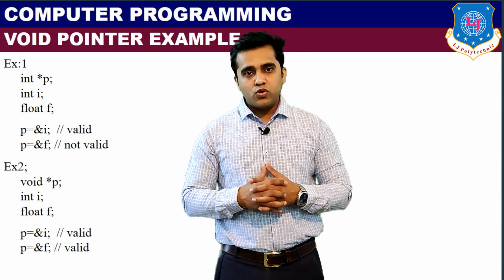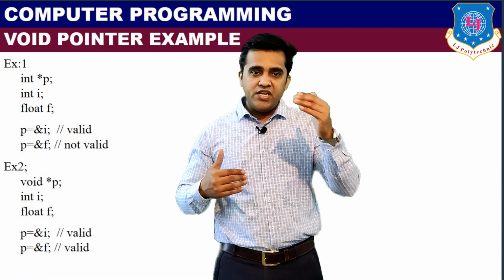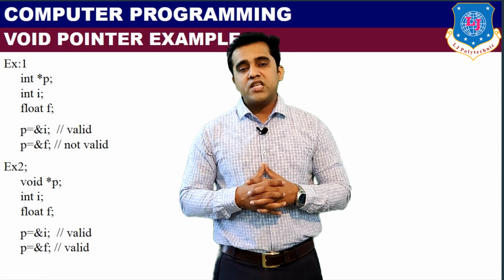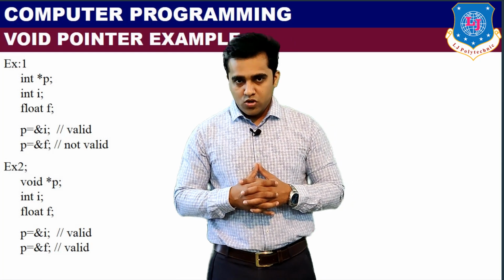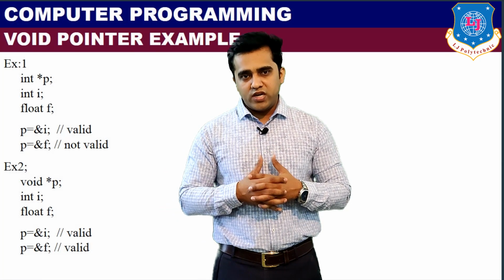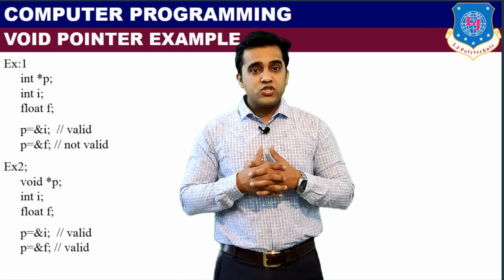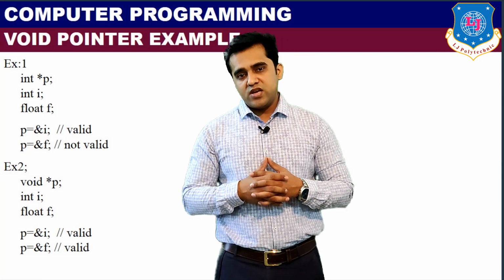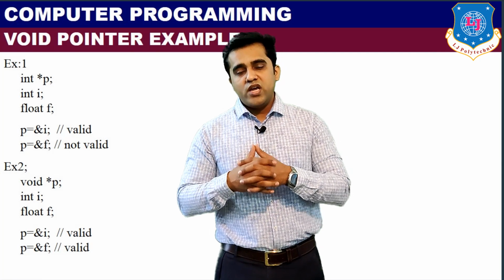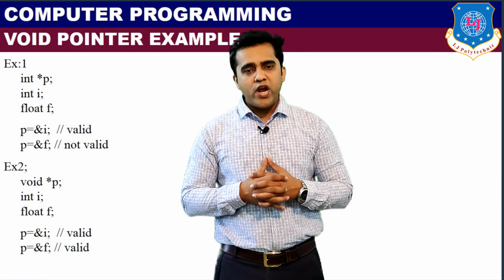But if we want to store the address of a float variable in an integer pointer, we cannot; it will give a compiler error. So for that, we need to declare that pointer variable as void. Then we can store the address of any variable in the pointer variable. So this is the void pointer.